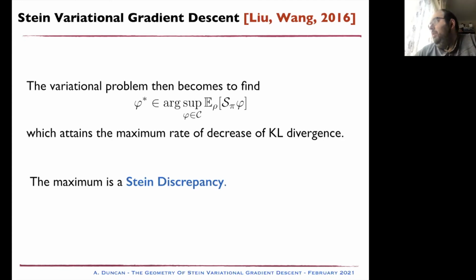I think the original paper was in '71, if I remember correctly. Stein discrepancies are a way to bound above and control distances between probability measures. They're used classically as a way to quantify, for example, the rate of convergence of a central limit theorem to the actual normal distribution, and it's been widely studied since then.